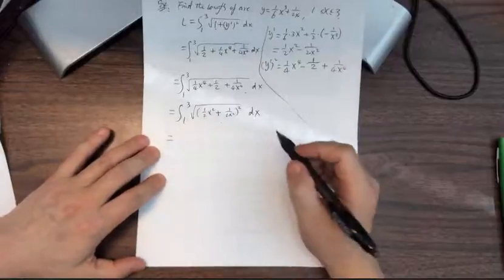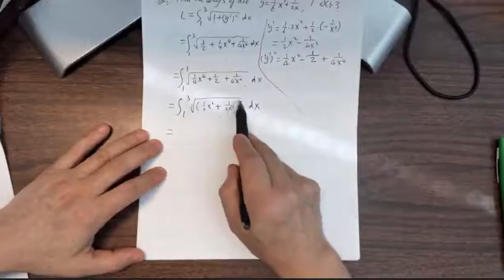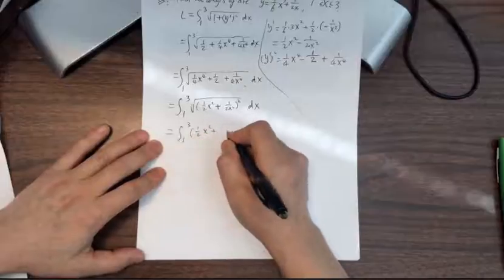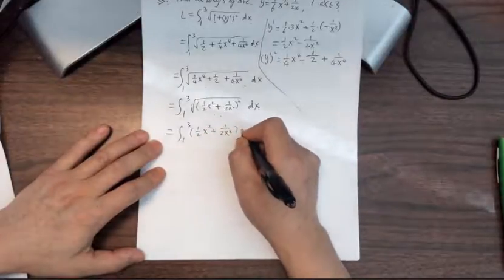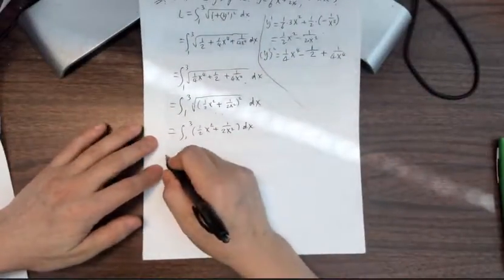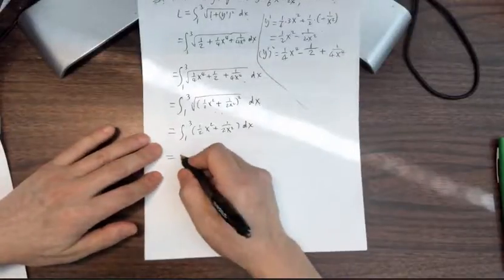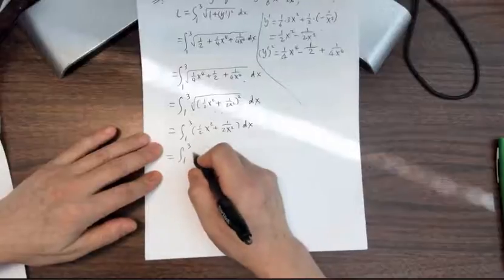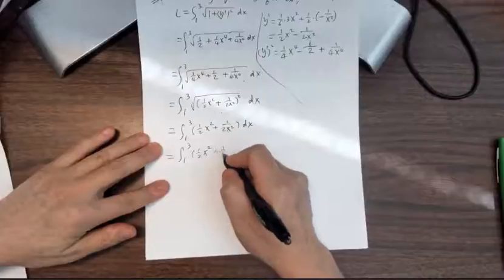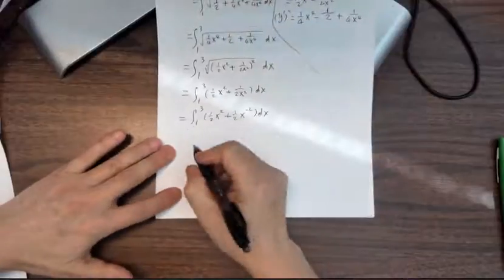Alright, now the rest is some simple definite integral. Square root of square, they cancel each other. Now you see there's no more radical. As a matter of fact, this is indeed a rather simple integral. Let's first rewrite this as a power, so we'll find the antiderivative at the same time.